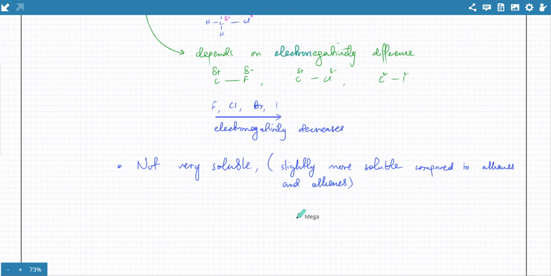And why are they not soluble? Because they can't form hydrogen bonds. But since they are polar, they might weakly attract water molecules. And then there's another point, which is that sometimes dipoles would also cancel out.